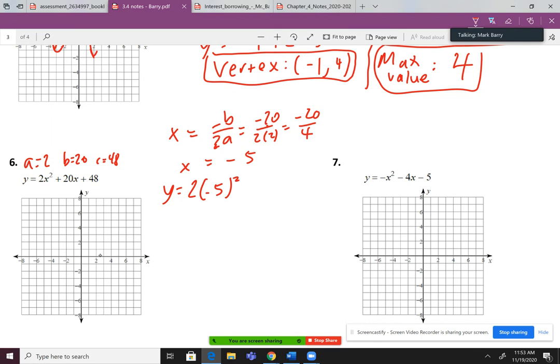I'm going to take that x value and we're going to plug it into the equation for all of our x's, usually 2.